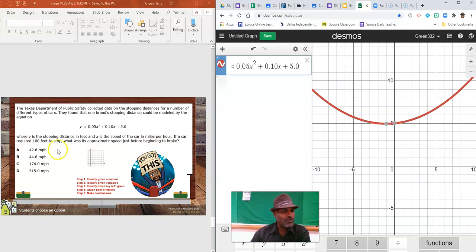So if a car required 100 feet to stop, what was its approximate speed before beginning to brake?